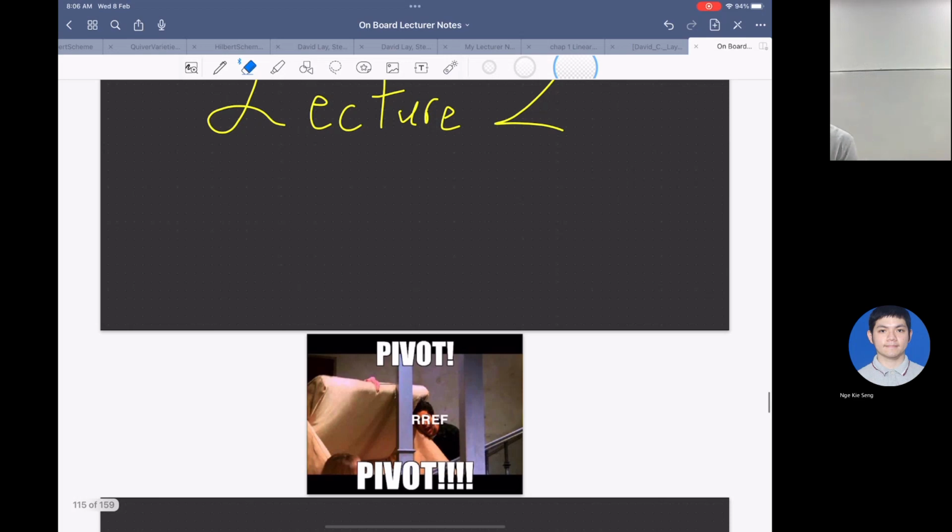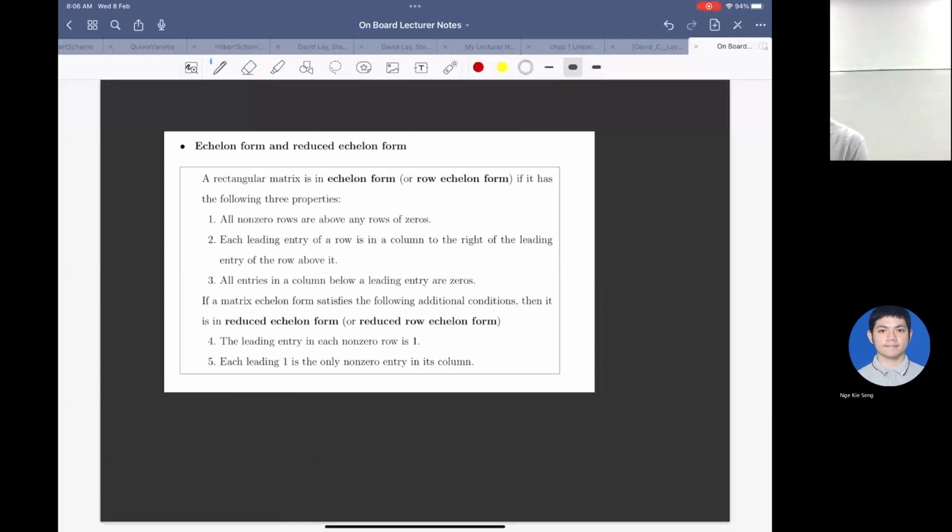Okay, yesterday, I need to recap something. Yesterday I changed this word to above, right? Actually, this sentence means each leading entry of a row in a column to the right of the leading, in a column.